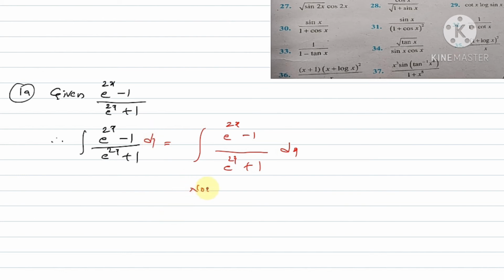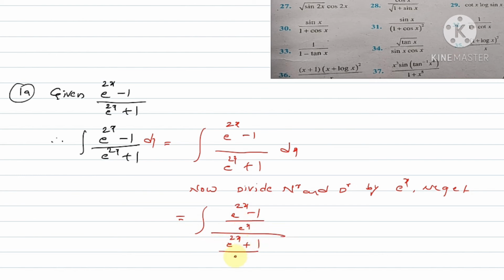Now divide the numerator and denominator by e power x. See what I am doing, divide by e power x. So e power 2x minus 1 upon e power x, over e power 2x plus 1 upon e power x.